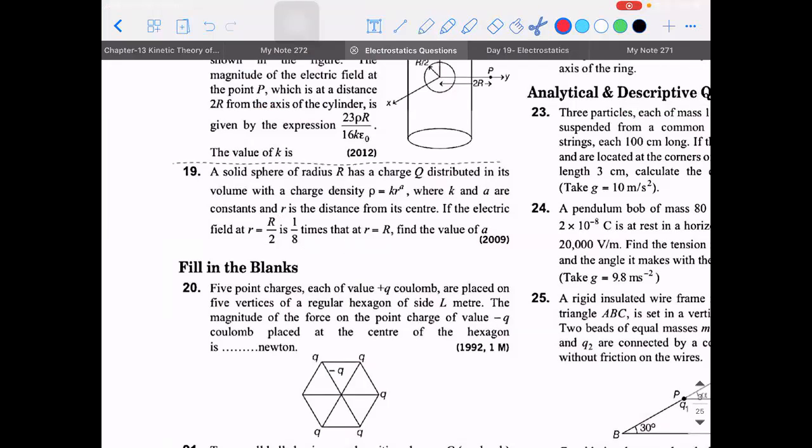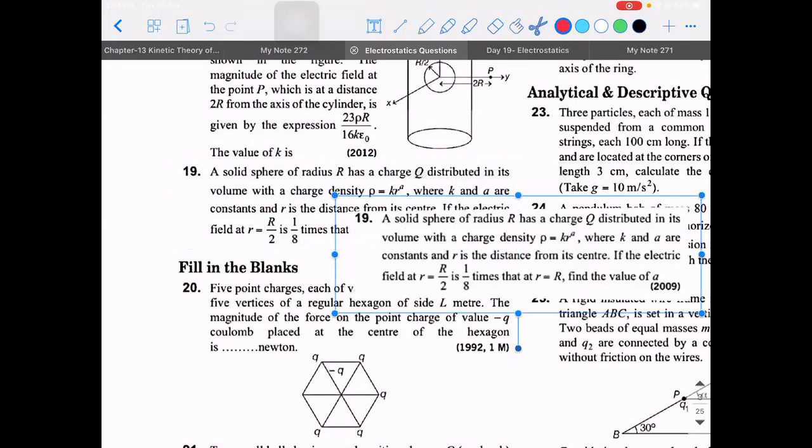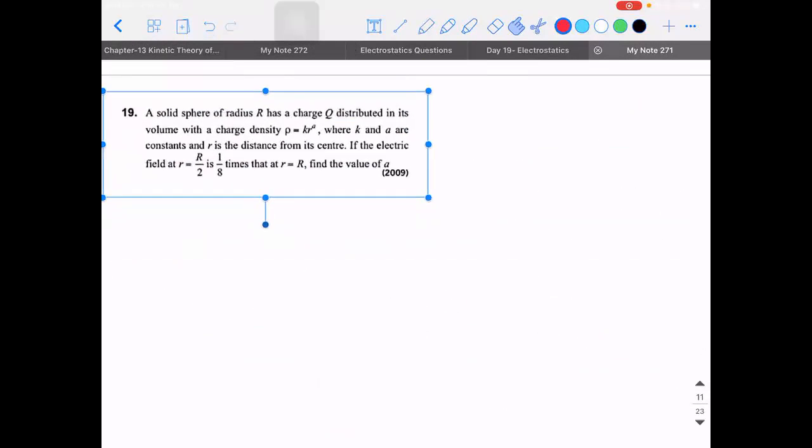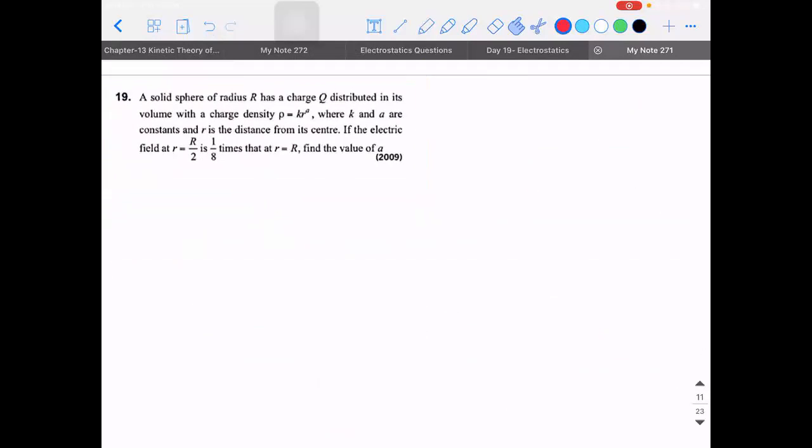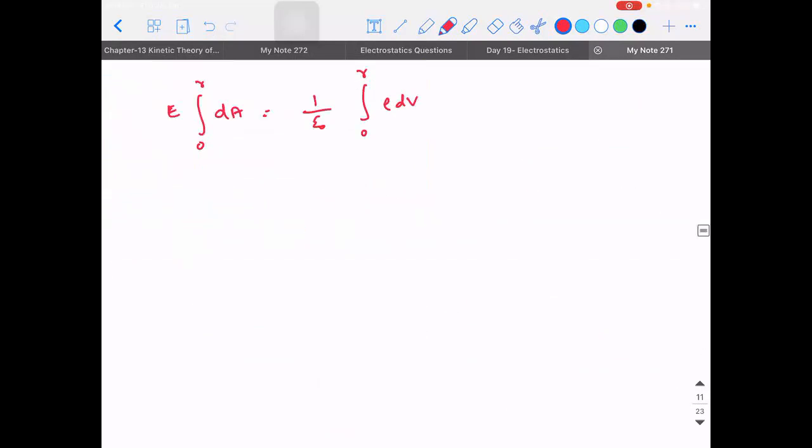Anybody with the answer? E into integral of dA is equal to 1 by epsilon naught into integral of rho dV. Correct? So 0 to small r. So what will the answer be?